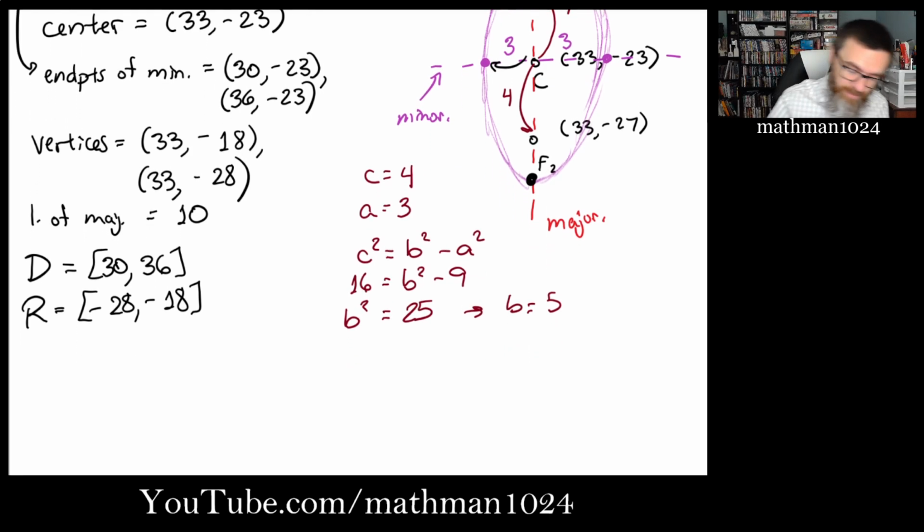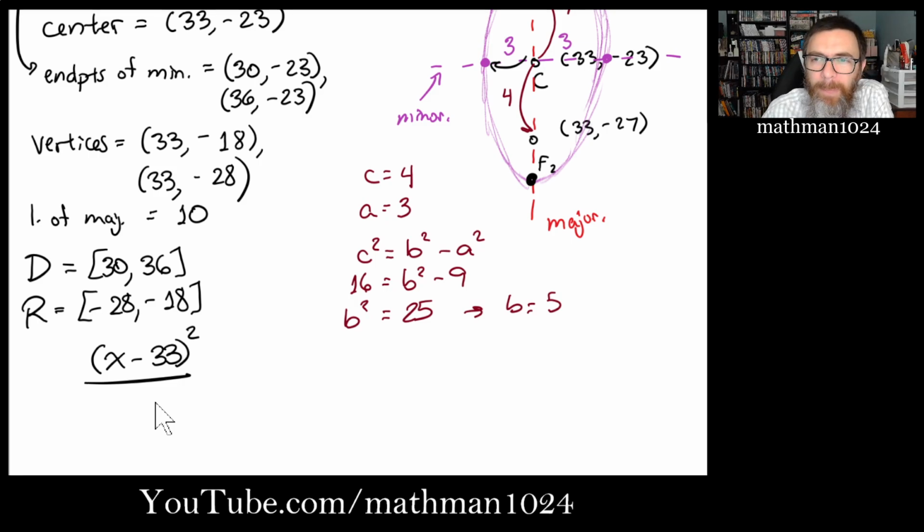So we have our center. So it means x minus 33 squared over a squared. Now, remember that's underneath the x, so that's how far we are stretched in the x direction, which we see here as being 3 units. So my a value is 3, so the denominator here is 3 squared, so that's 9.